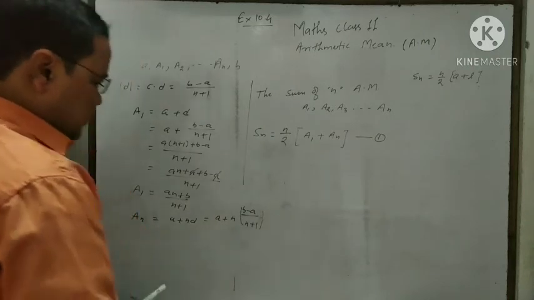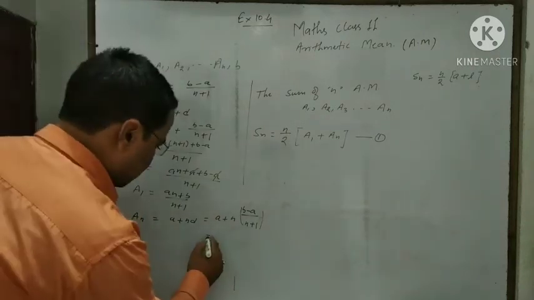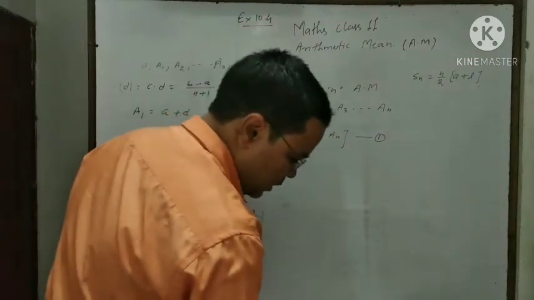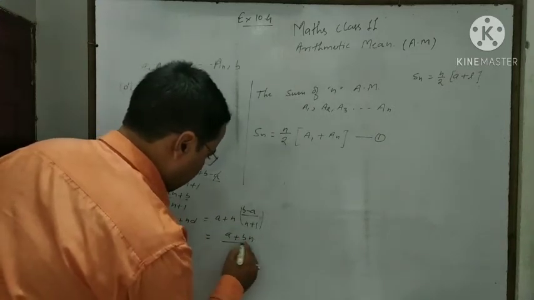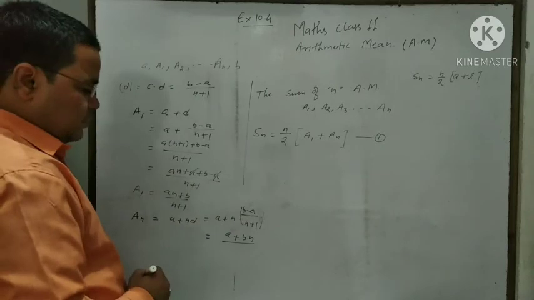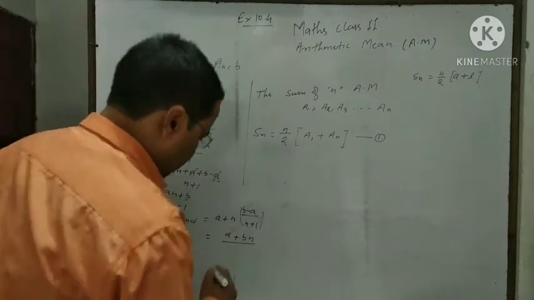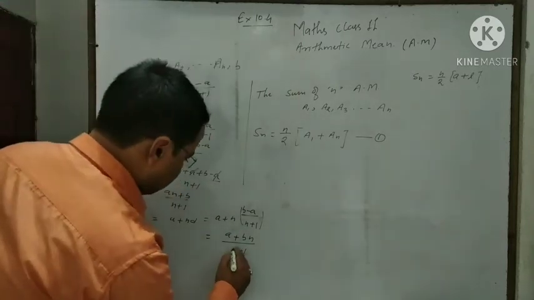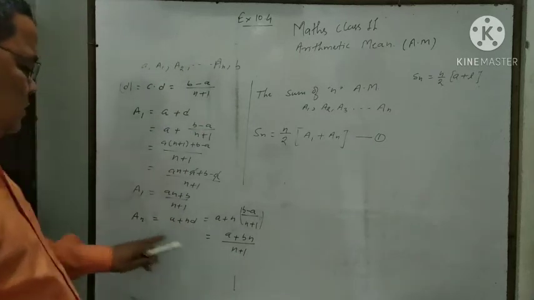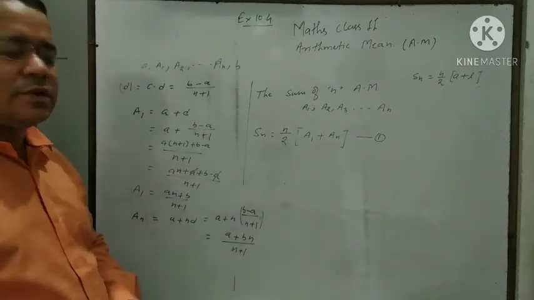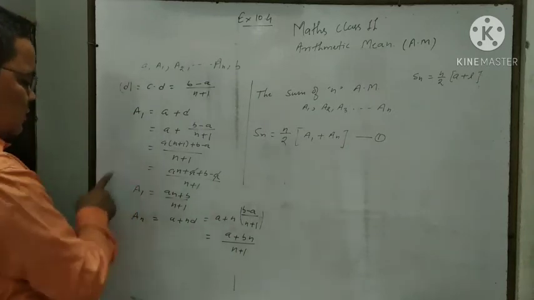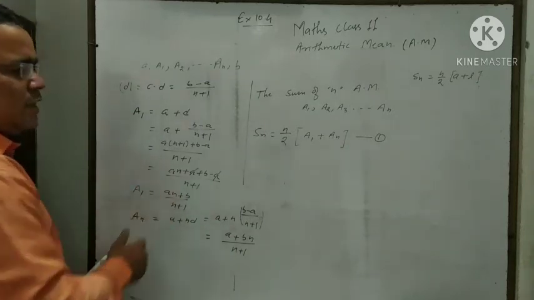If we calculate, then we find that its value will be a plus bn upon n plus 1. We find its value this way. After calculating, we get a plus bn upon n plus 1, and here we get A1 like that, an plus b upon n plus 1.